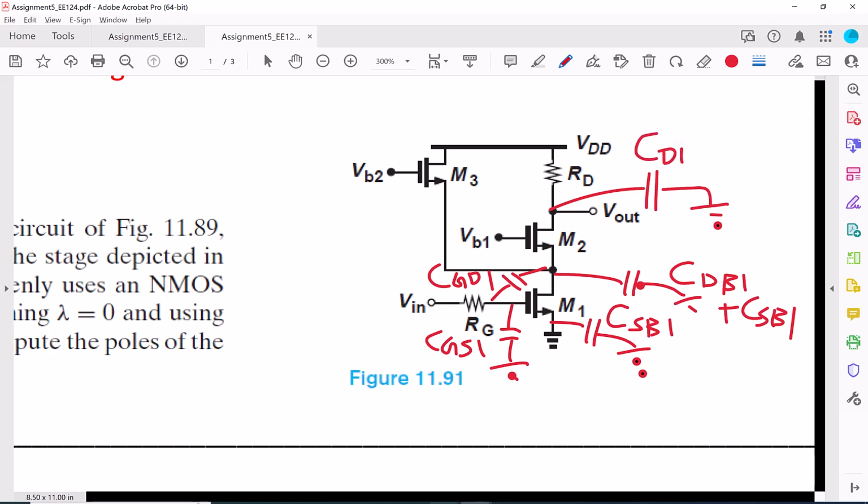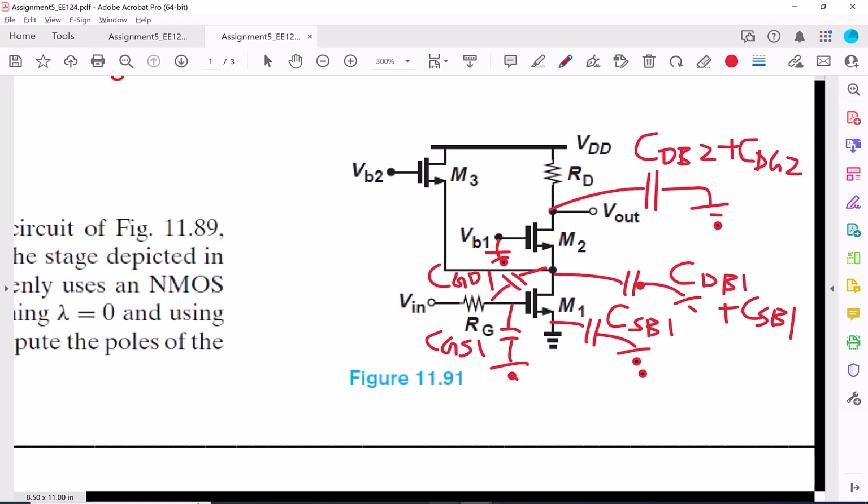And here, what is this? CDB2. And how about this one, the gate and the drain? CGD2, but can I combine it with CDB2? Because this is grounded, all the constant voltage source, CDG2, okay? And then I still have one more, which is between the gate and the source.